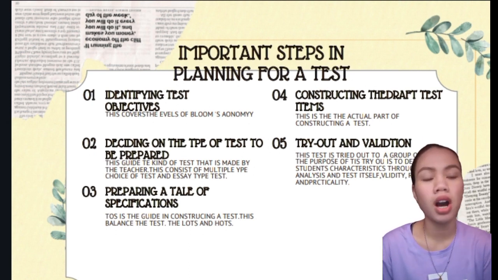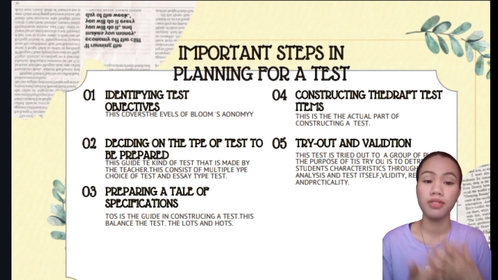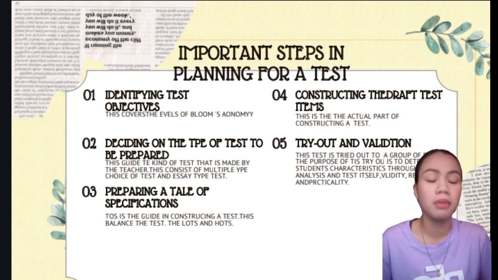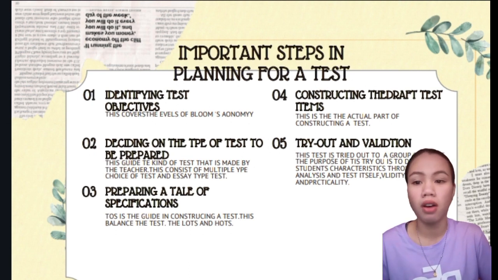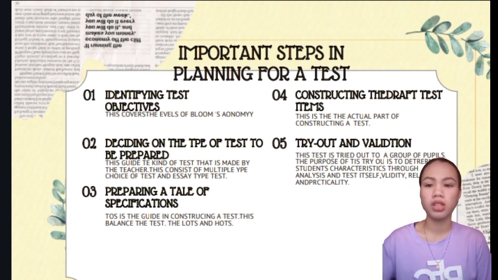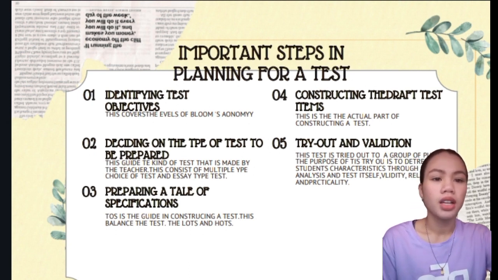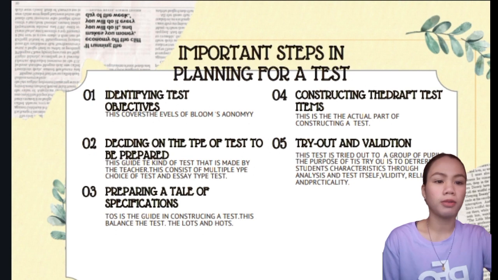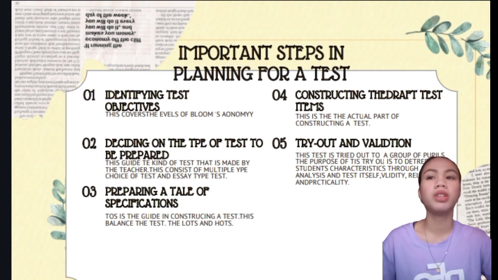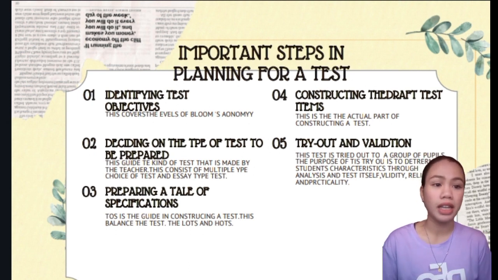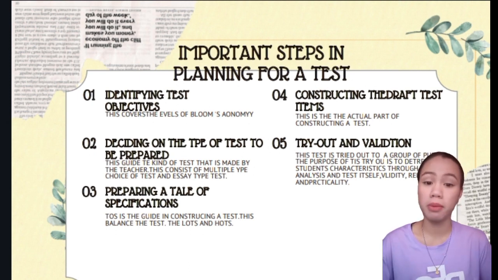An objective test, if it is to be comprehensive, must cover the various levels of Bloom's taxonomy. For example, we want to construct a test on the topic subject-verb agreement in English for a grade 5 class.